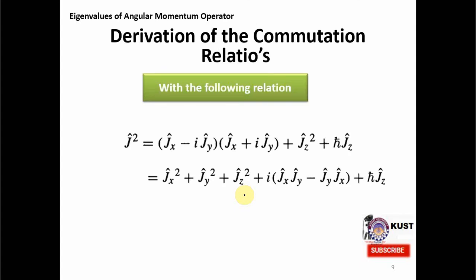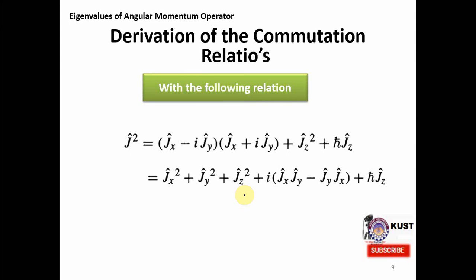So this was the second part of the lecture. In the first part we had just definitions. In the second part we have developed the machinery, noting down important commutation relations which will help us in deriving the eigenvalues of j and j square.